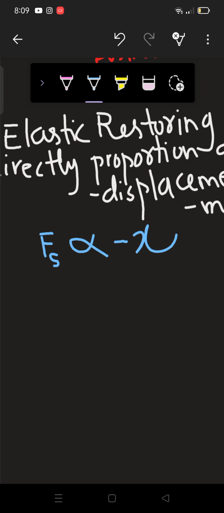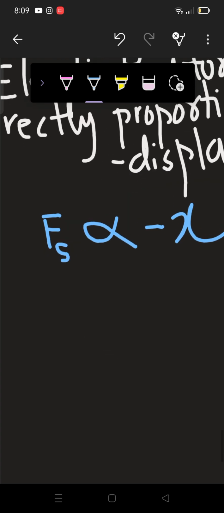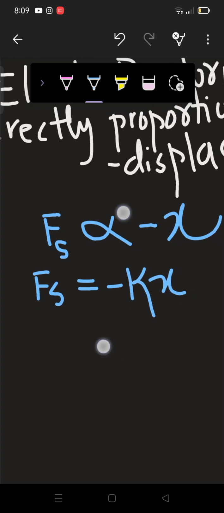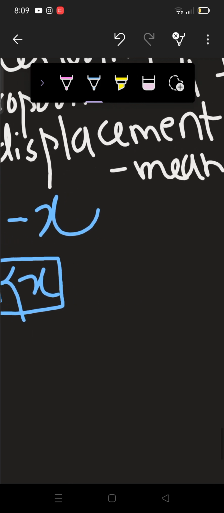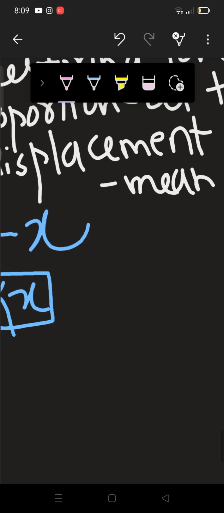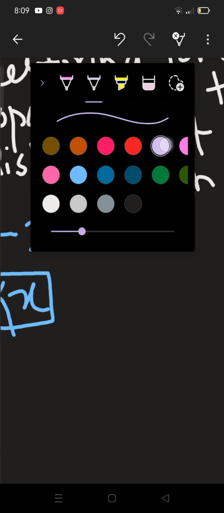Now see, if we remove this proportionality sign, we get a constant. So Fs is equal to minus kx. Now this is the formula for the elastic restoring force.